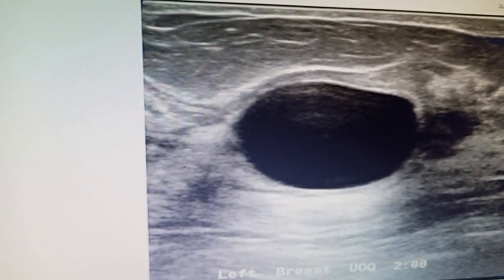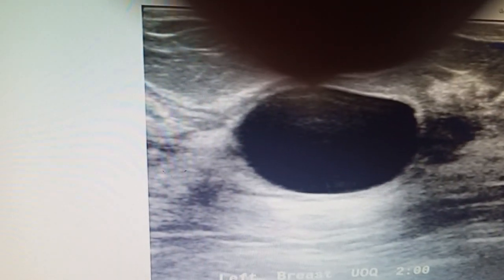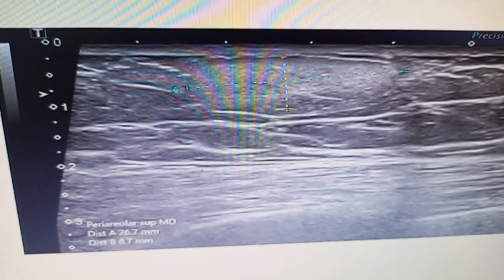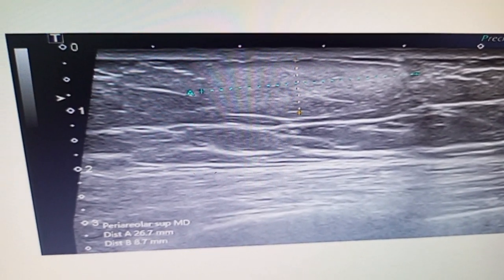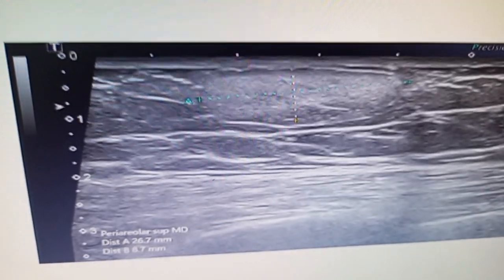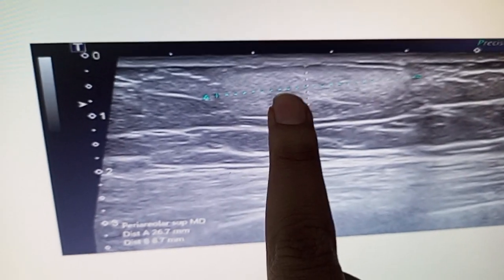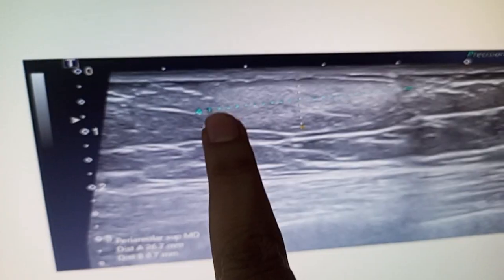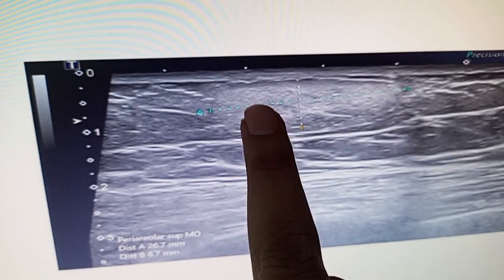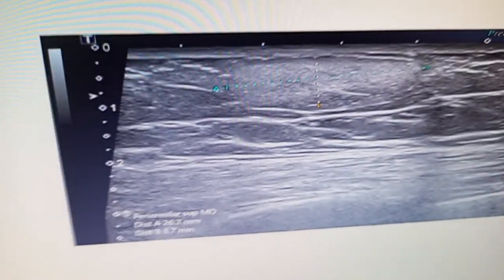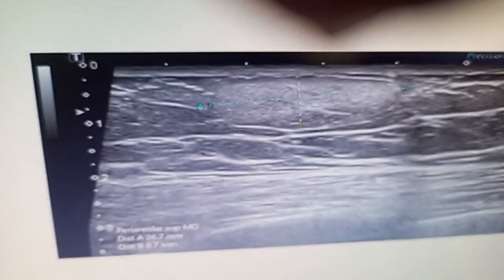So this is benign. This is the lipoma on the ultrasound breast. This is hyperechoic, this area in the breast, and this is categorized in the BI-RADS 2. So this is the benign BI-RADS 2.